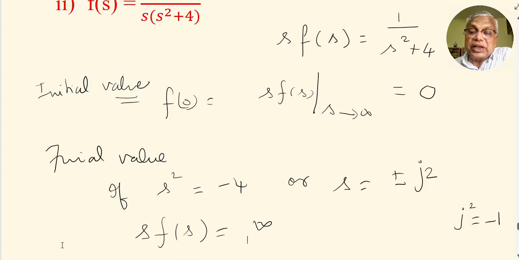So here also you find that for some value of s satisfying the relation, the real value of s is greater than or equal to 0. What is the real value of s here? This is only an imaginary number, so the real value of s is 0. So when the real value of s is 0, s into F(s) becomes infinity.